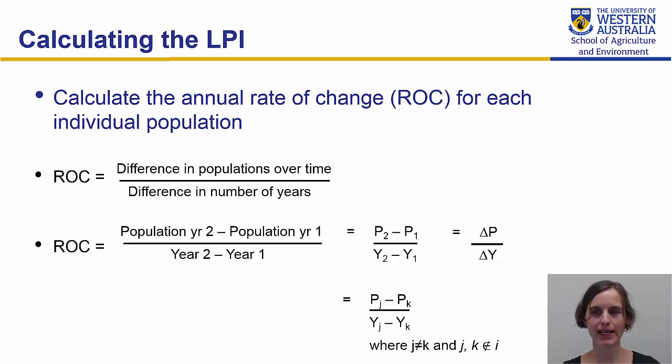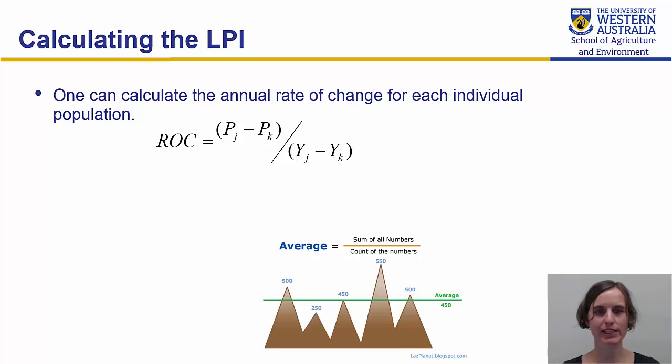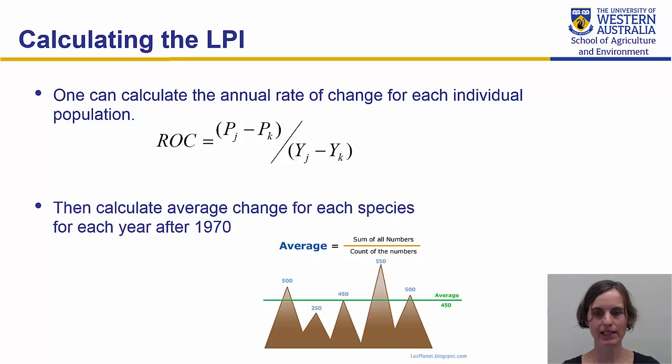So we calculate this annual rate of change for each individual population. And then take the average change for each species for each year since 1970. And what they then do is they just add them all up to see whether, on average, species populations go up or go down.